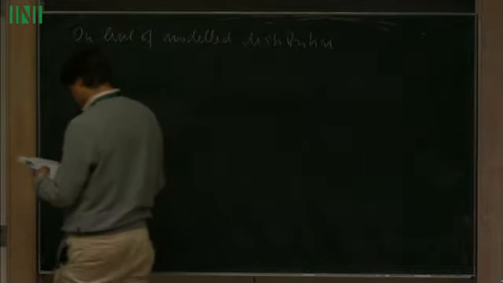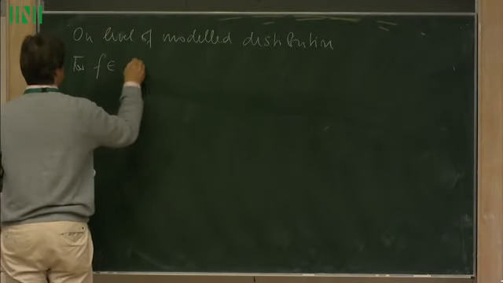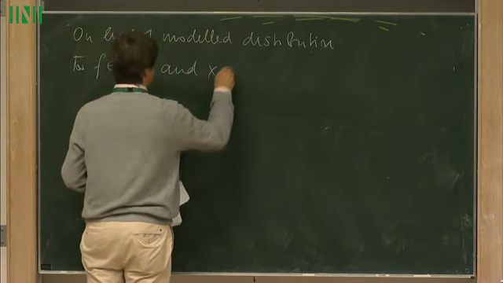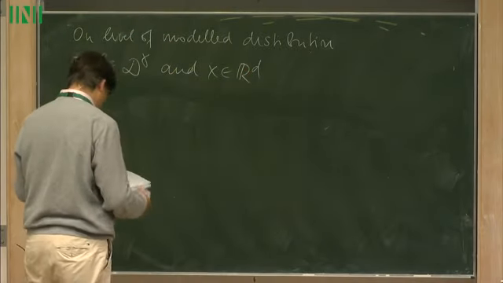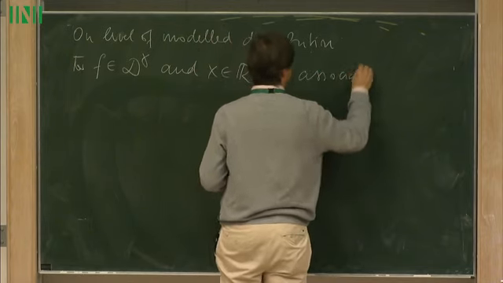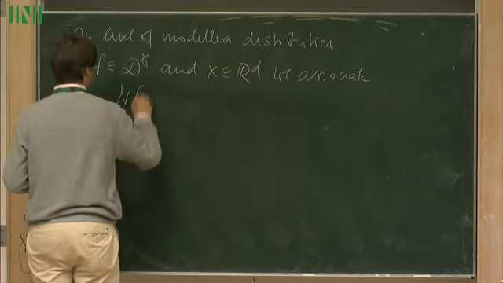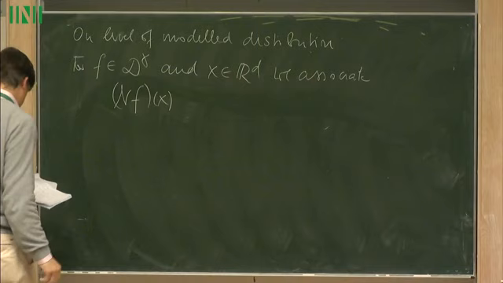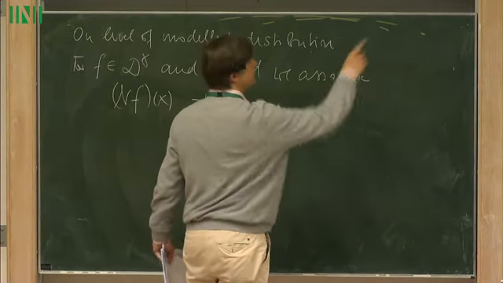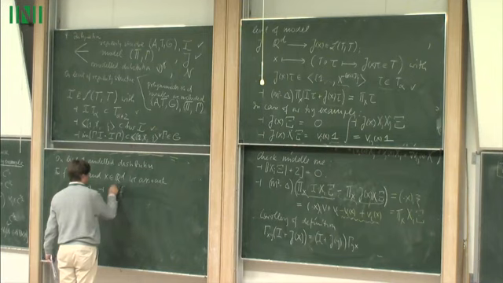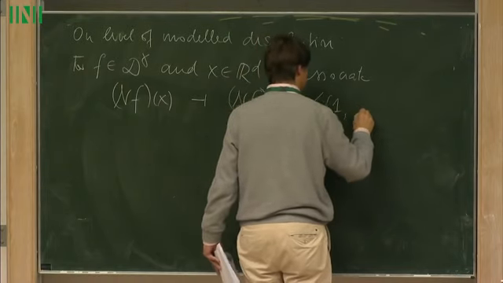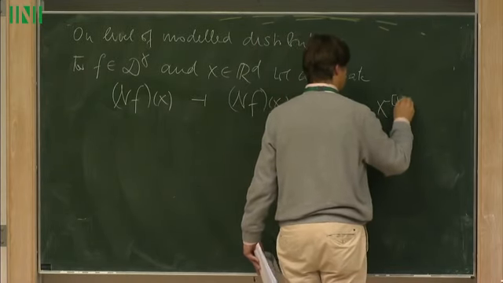You give yourself a model distribution f and some base point x, and we now define something called N f of x, again by two conditions. The first condition is again a polynomial condition: N of x should be in the span of the polynomials up to degree gamma plus 2.